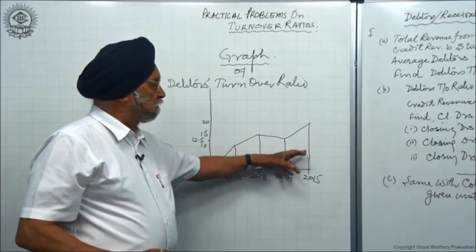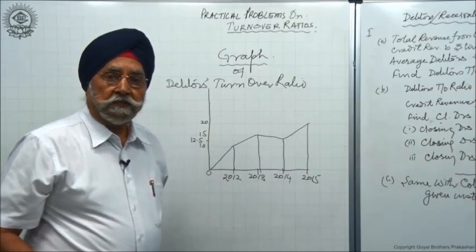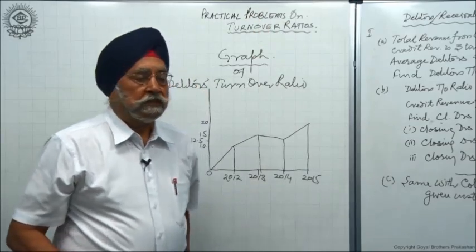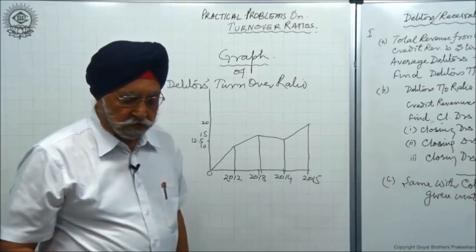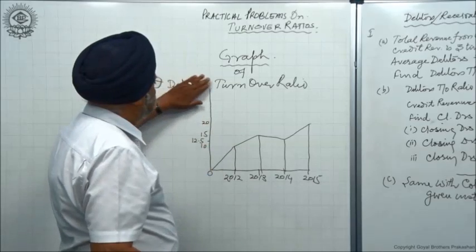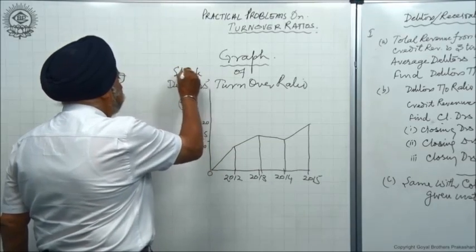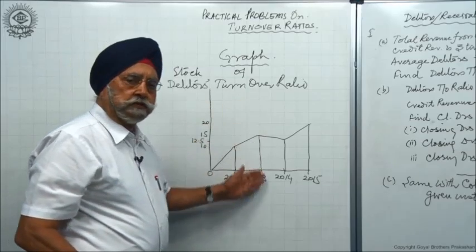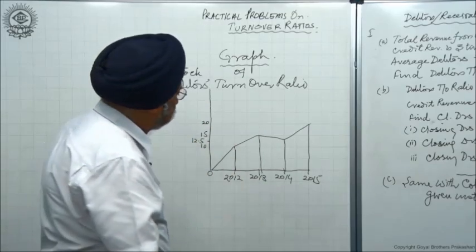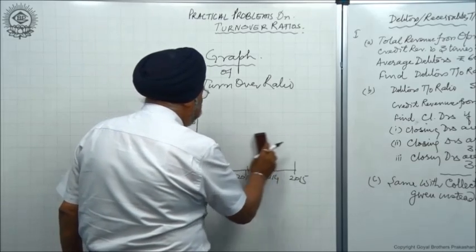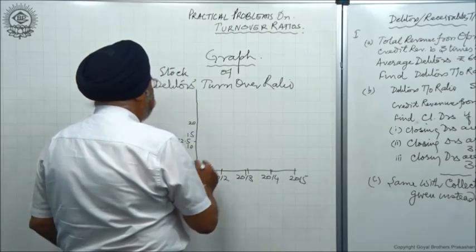Then they took care of this and it again went up, hoping that in 2016 it will further go up. Similarly, the stock turnover ratio can also be depicted in the same way. If the ratio is going down, then the graph will show a declining trend.